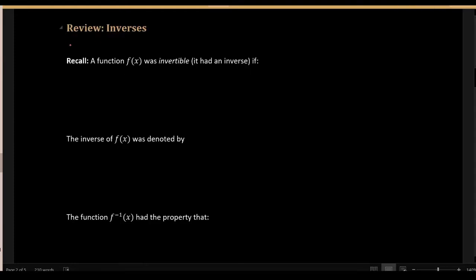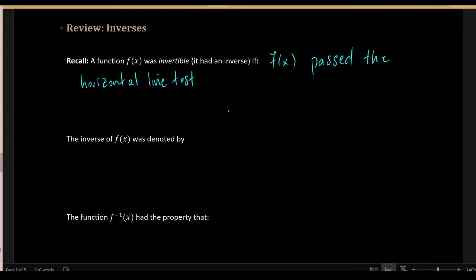So let's review inverses of functions. Recall that a function f(x) was invertible, in other words, a function f(x) had an inverse, if the function passed what was called a horizontal line test. The horizontal line test said any horizontal line will cross the graph in at most one location.